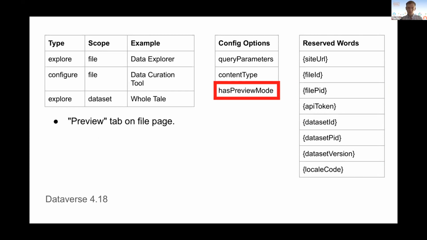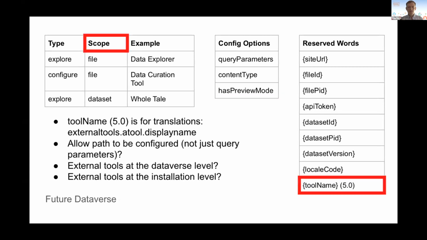And what we decided is that it'd be much better to be able to just see that file, that preview, right in Dataverse itself. And so we did some work on the front end to have a preview tab, and then the tool can specify whether or not it has something that it can preview in that tab. So that was a nice innovation.